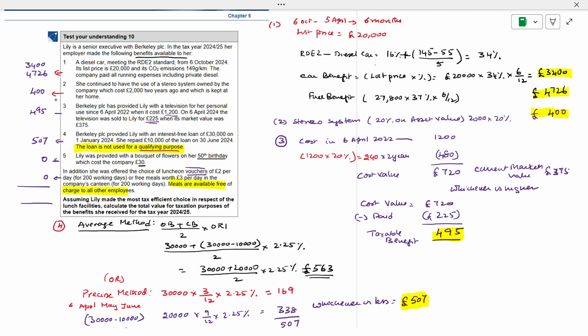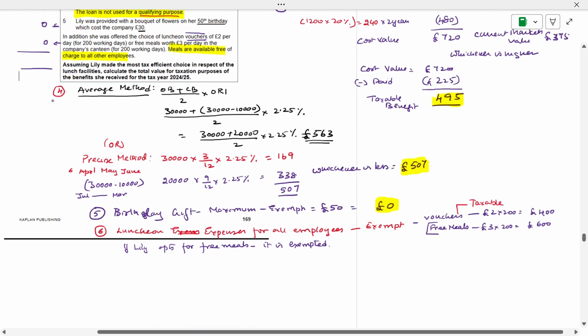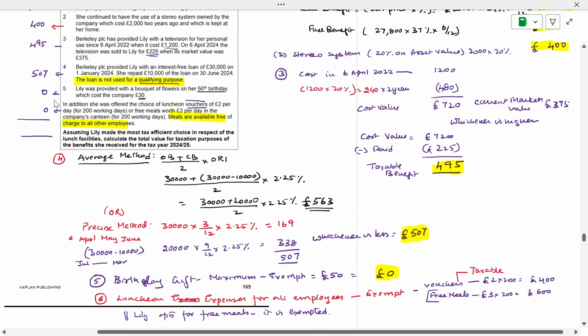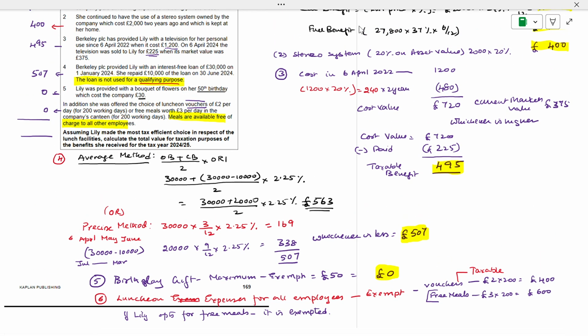Accepted now. Because the vouchers go into 200, that 400 is taxable, right? She has to take any one. Yes, sir. In that case also, the meals are available to all other employees, so that is exempted.